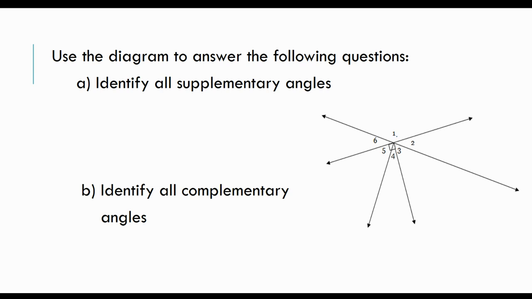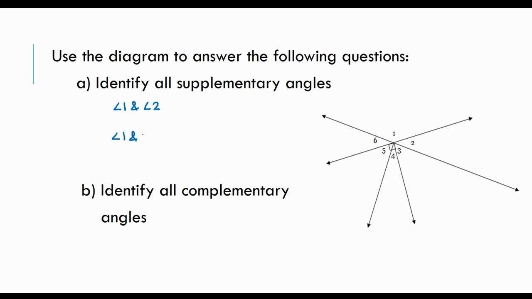If we look, angle 1 and angle 2, together those two angles form a straight angle. So angle 1 and angle 2, well, that's a pair of supplementary angles. If I look on the other side, angle 1 and angle 6, they look like they're forming a straight angle as well. Because remember, straight angles are something that we can assume from a diagram.